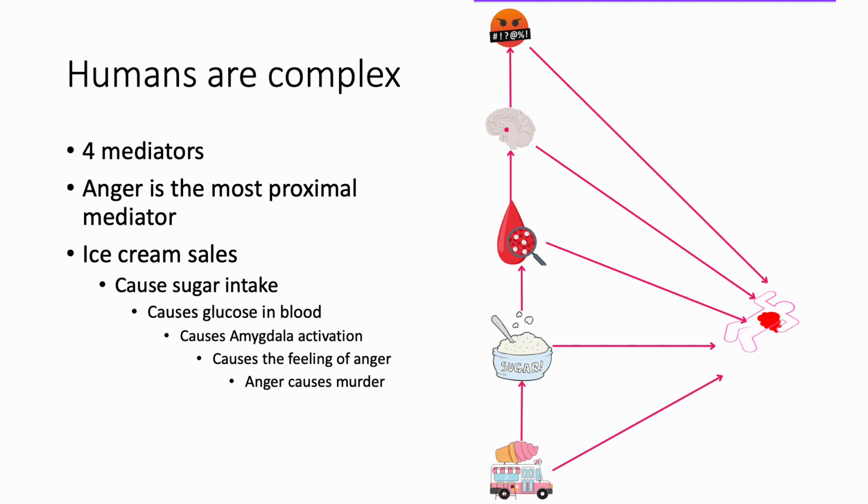So ultimately, this is a really complicated mediation model where every effect is mediated by the one on top of it. The effect of ice cream on murder is mediated by sugar. The effect of sugar on murder is mediated by blood glucose level. The effect of blood glucose level on murder is mediated by amygdala activity, and the effect of amygdala activity on murder is mediated by the experience of anger.